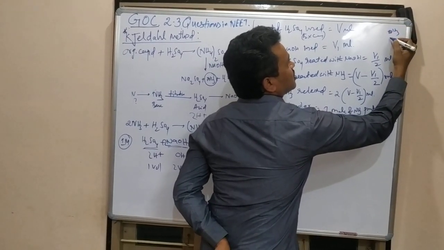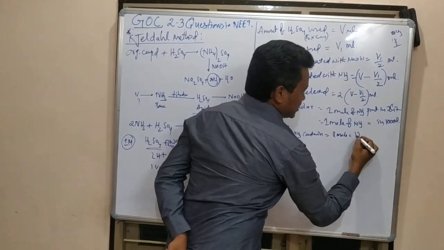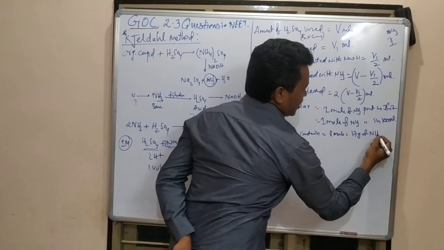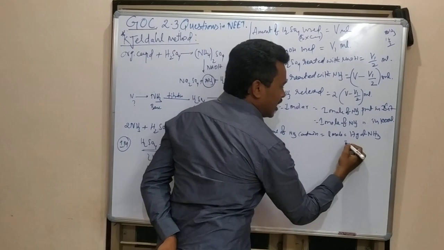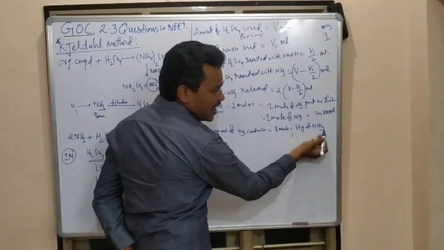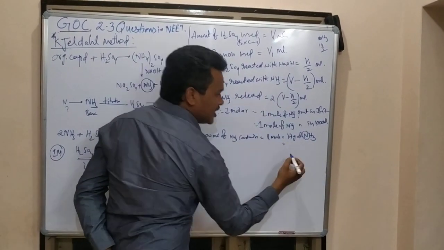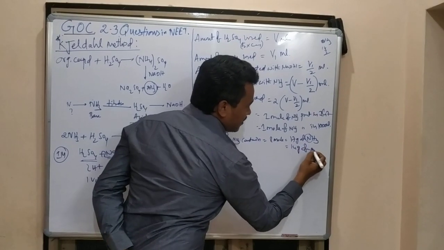Nitrogen means how much? 7. So it is 14 plus 3, so it is 17 grams of NH3. But I don't want that. 17 grams means 1 N and 3 hydrogens. What is the mass of nitrogen in ammonia? That is the other way: 14 grams of N.